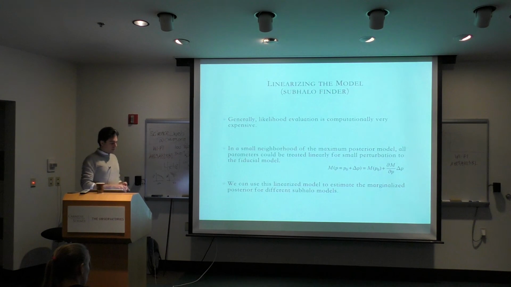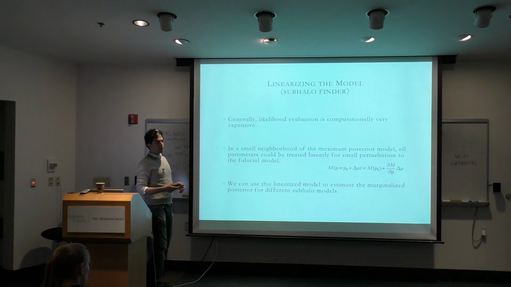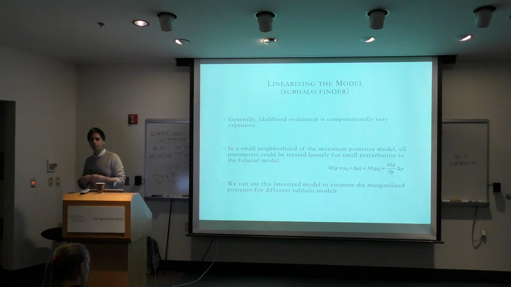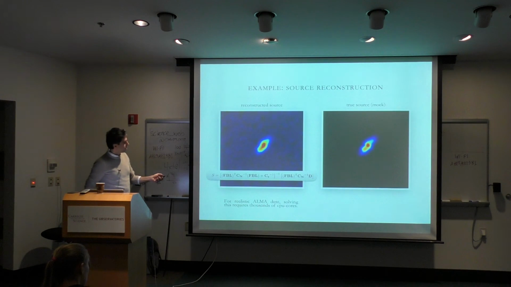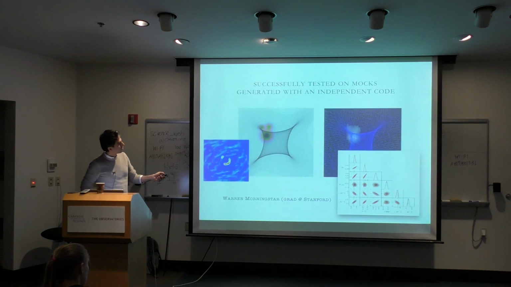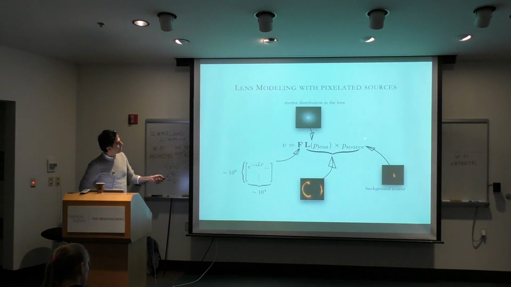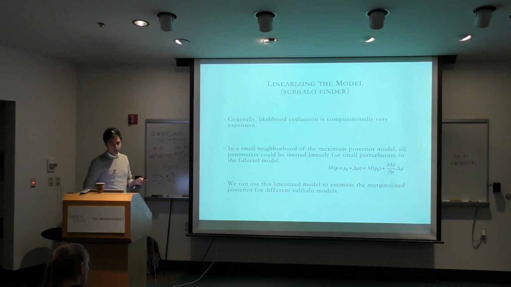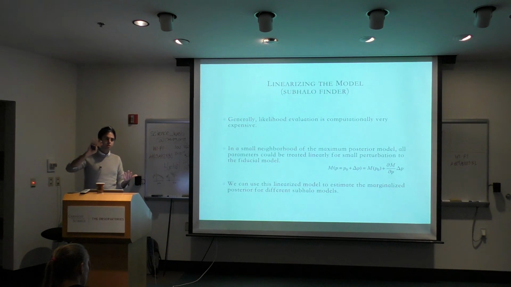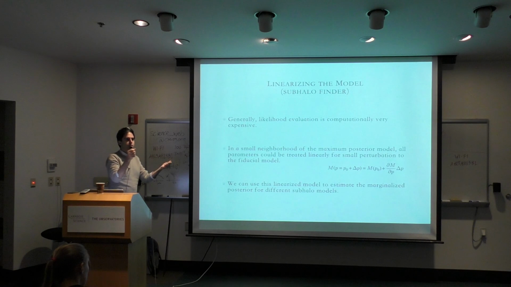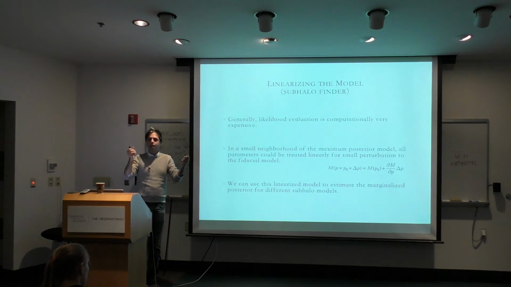One thing to speed up this otherwise difficult calculation when it comes to subhalo searches is to linearize the whole model. Remember, we have linear parameters and nonlinear parameters. But once we have a smooth model, a good model for our main galaxy that doesn't have any subhalos, and now we want to look at the perturbative effect of a tiny subhalo, we're in a regime with such a tiny perturbation that we can linearize even the effect of the nonlinear parameters, like the mass of the galaxy or its ellipticity.